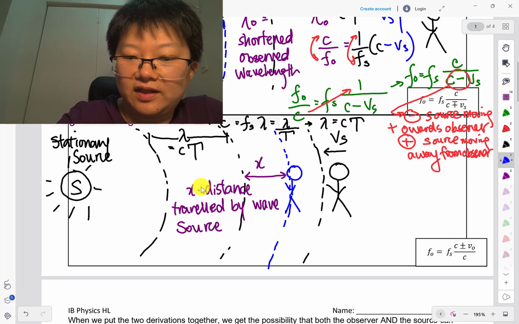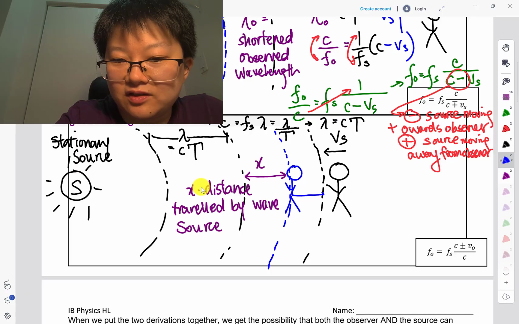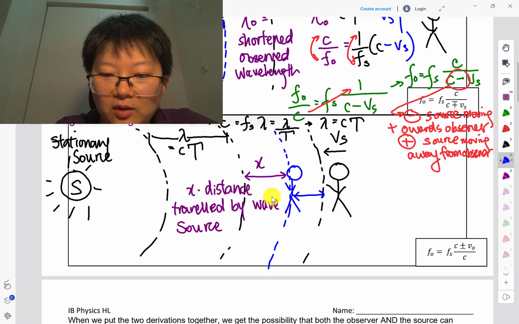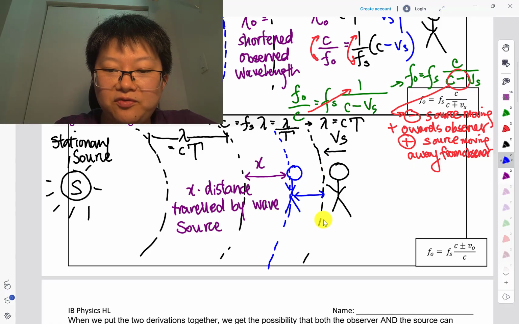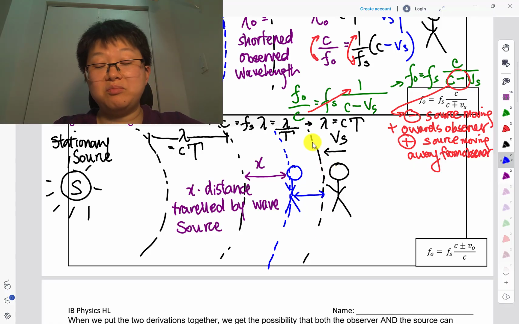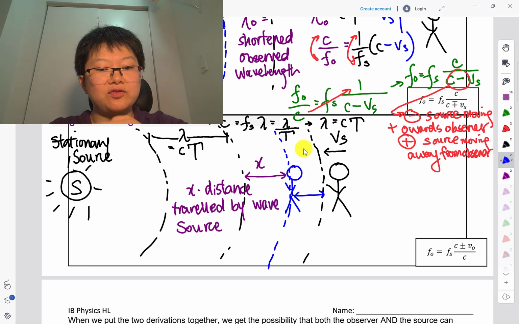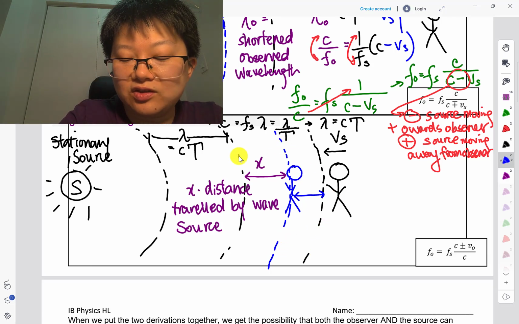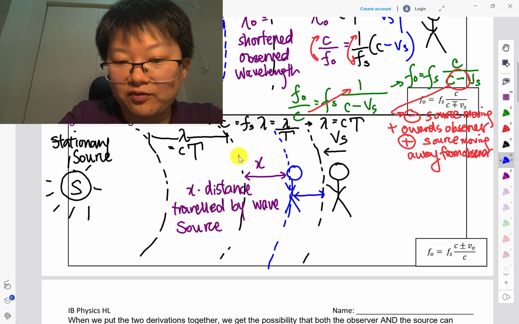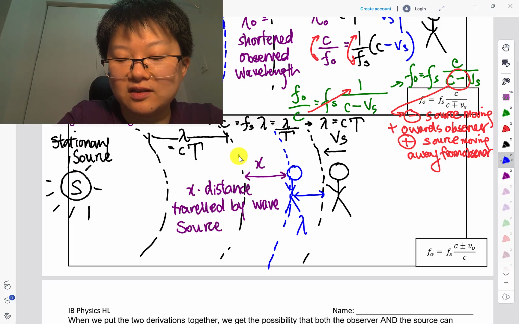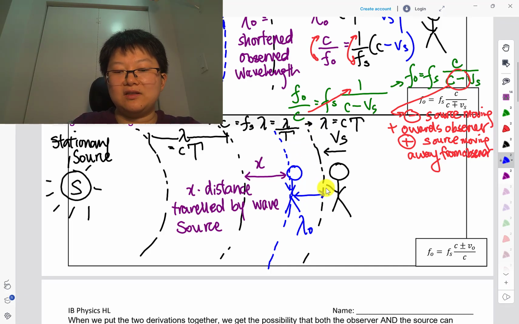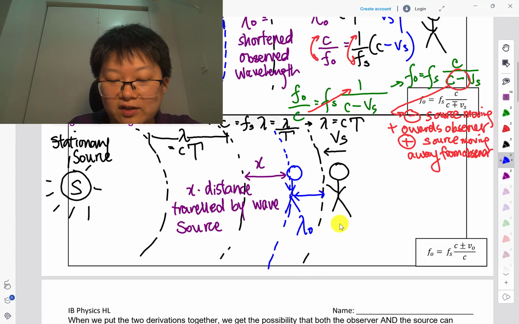On the other hand, this distance here between the observer from where they first started, between where they've heard the first wavefront and the distance where they've heard the second wavefront, this new perceived wavefront, I'm going to label as lambda O. That's the observed wavelength, because they first observed the first wavefront here.